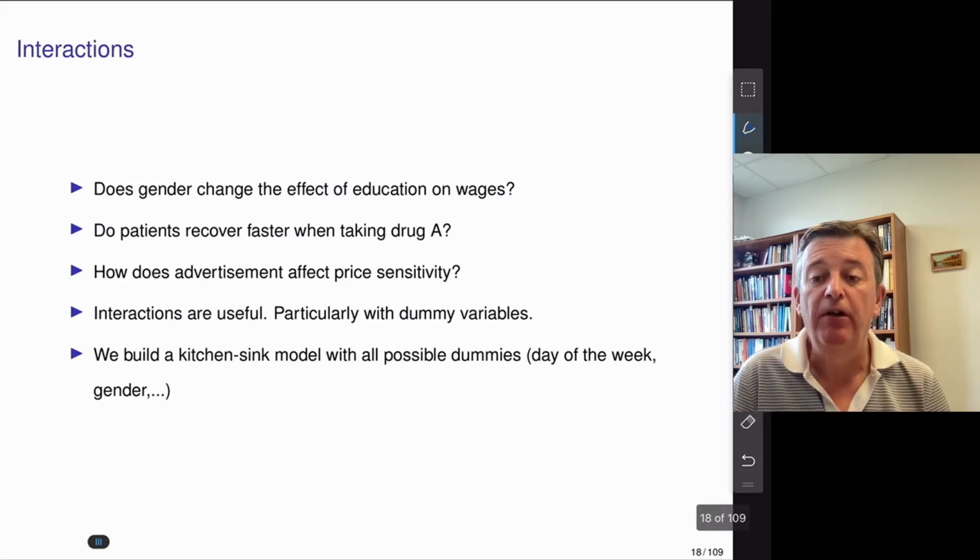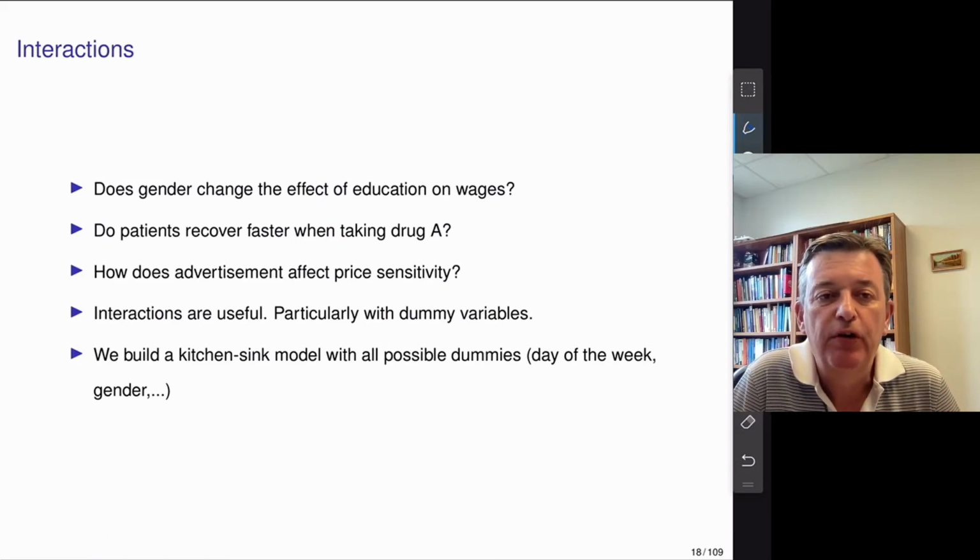Okay, so let me now move on and talk about two other topics, something called interaction terms and something called dummy variables. They're very useful, and they're in lots of regressions nowadays, particularly internet regressions. Maybe I've got dummy variables for day of the week, or brand of a good, or store-level dummies.